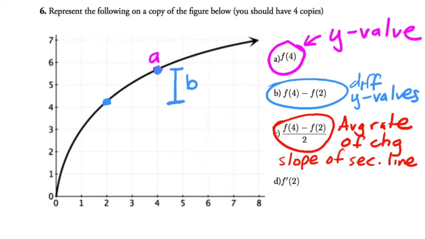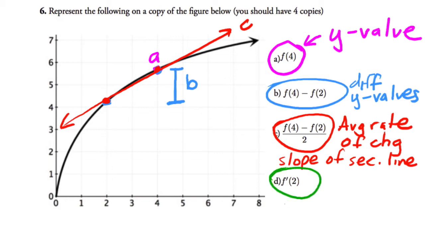So if I'm going to graph that, this is basically the secant line between 2 and 4. So right here, if I draw the line that connects those two, that's C.